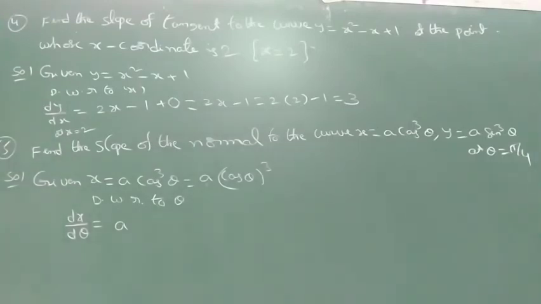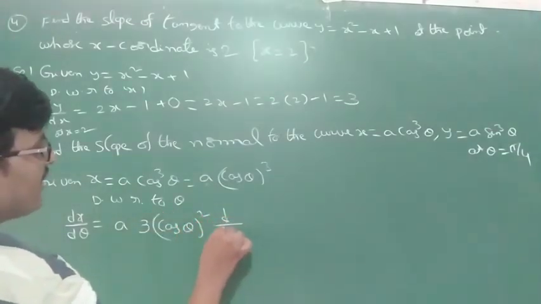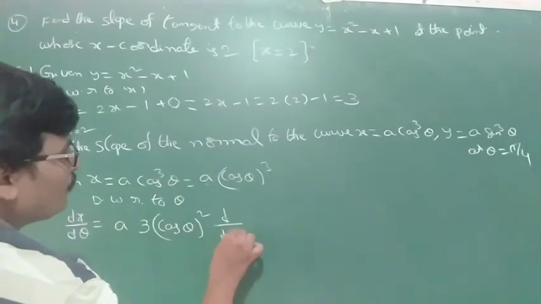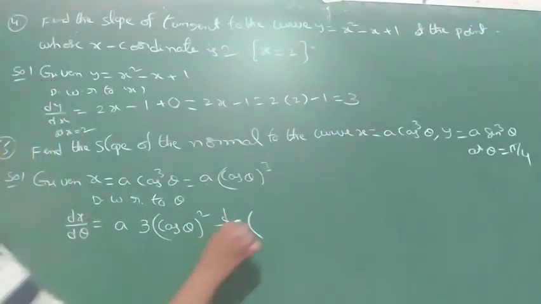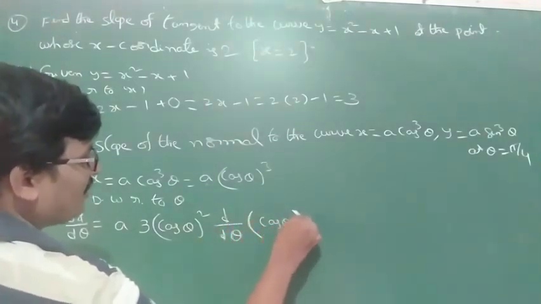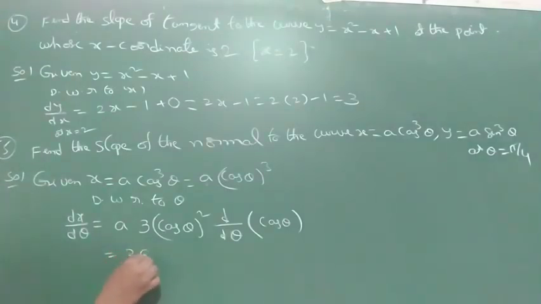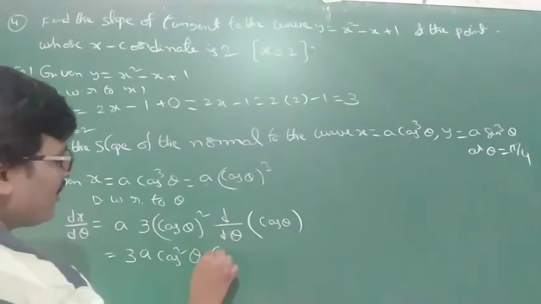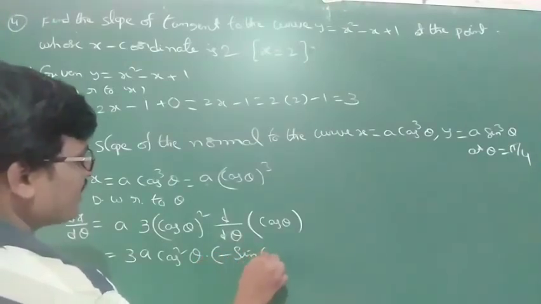The derivative of x cube is 3x square, so 3 cos theta whole square into the derivative of cos theta, which is minus sin theta. So that is equal to 3a cos square theta into minus sin theta.